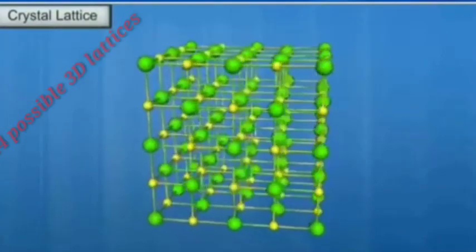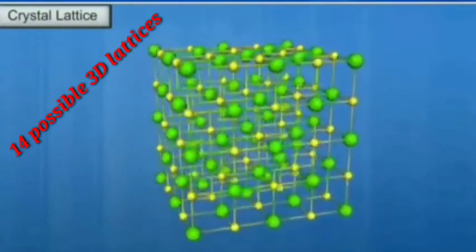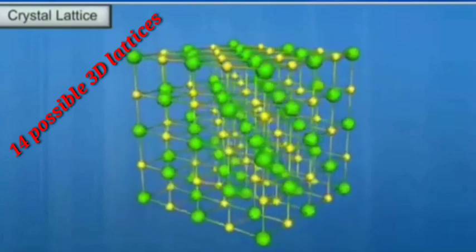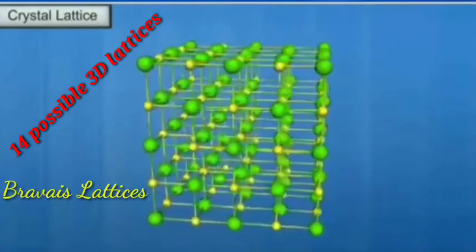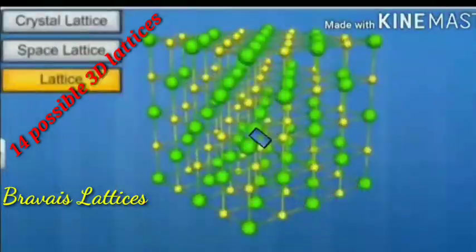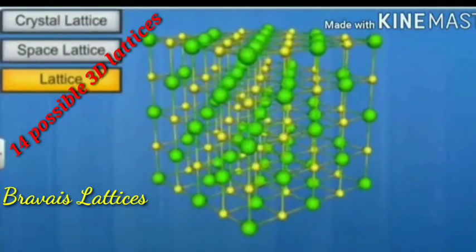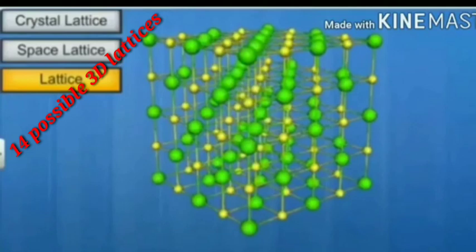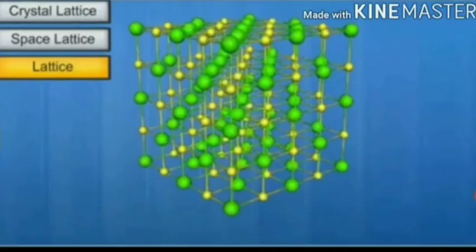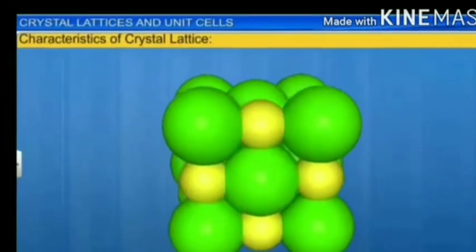There are only 14 possible three-dimensional lattices. These are called Bravais lattices because the French mathematician Auguste Bravais first described them. A crystal lattice is otherwise known as a space lattice or simply a lattice.